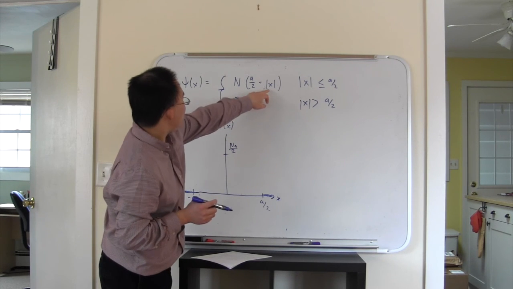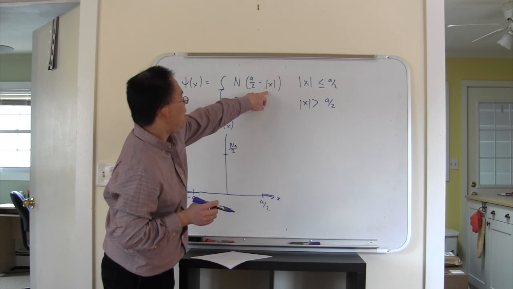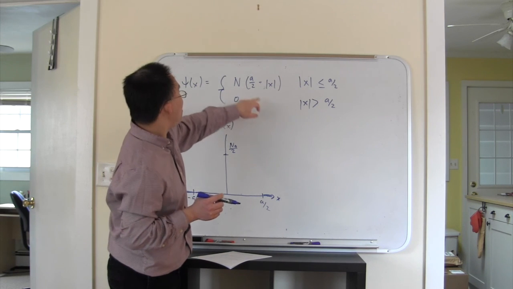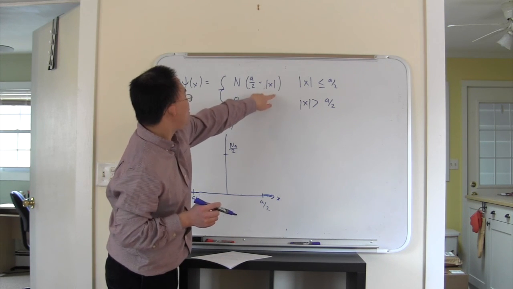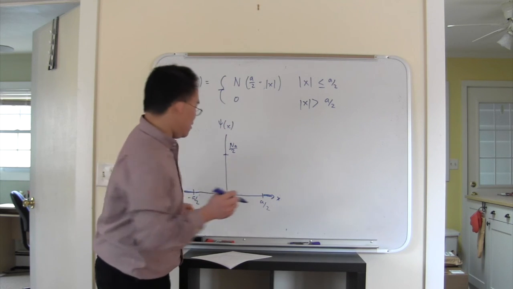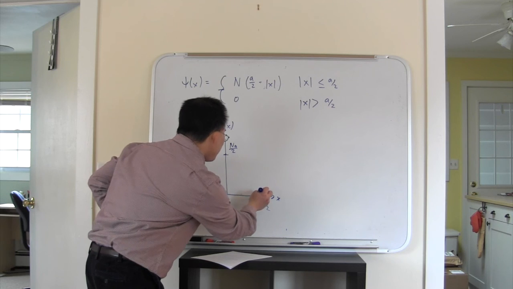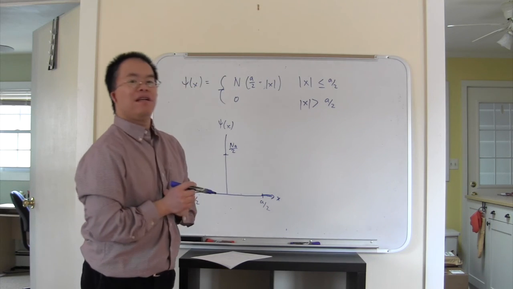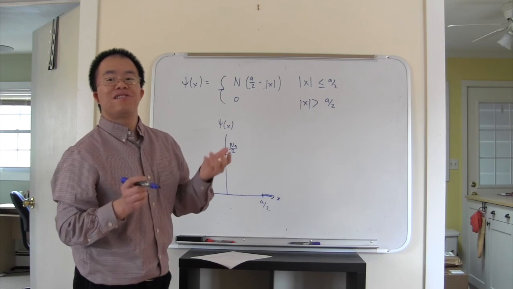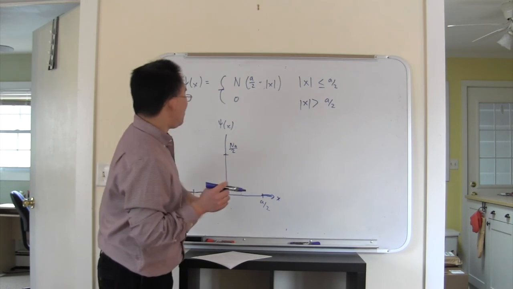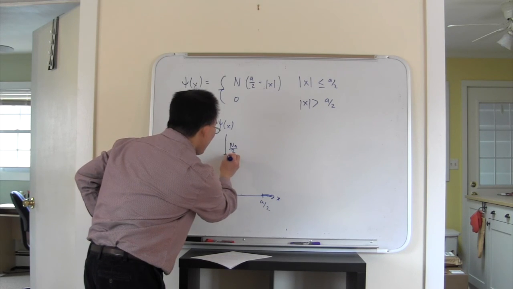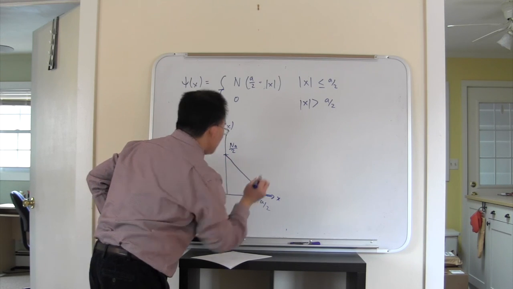We might notice from here that if x is equal to a over 2, then the term in parentheses vanishes, and the wave function is 0. So we can draw in that point, and we already know that the wave function is linear with a negative slope. So we can probably draw this in like so.